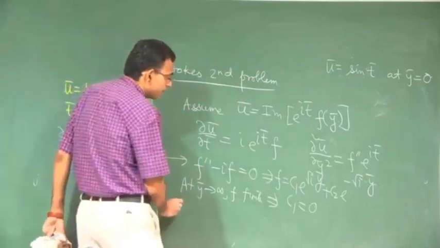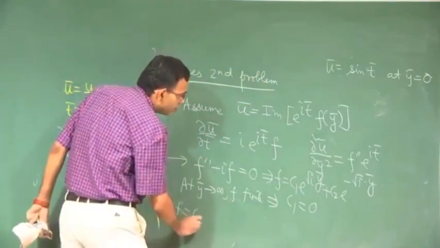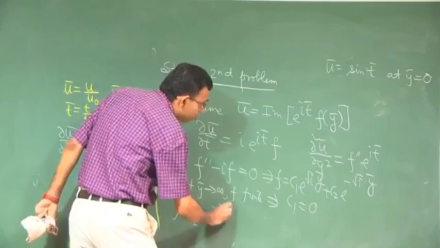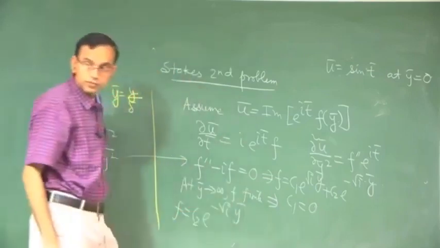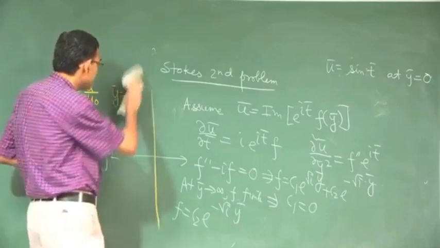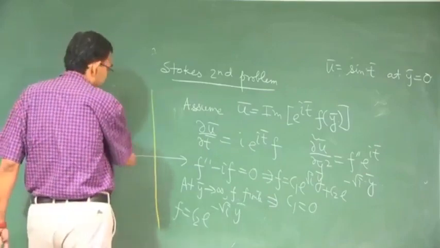So, f is equal to C2 e to the power minus square root of I y, this is an exponential decay.